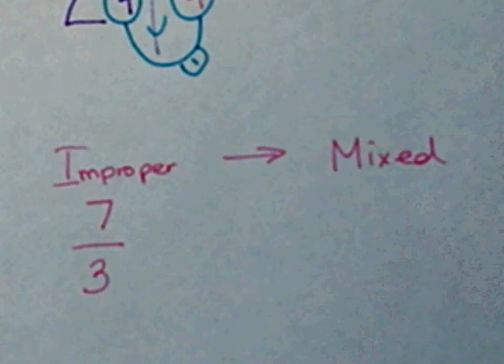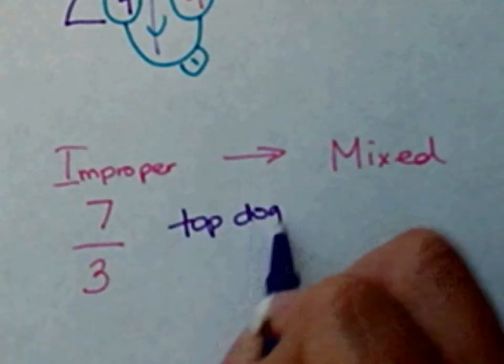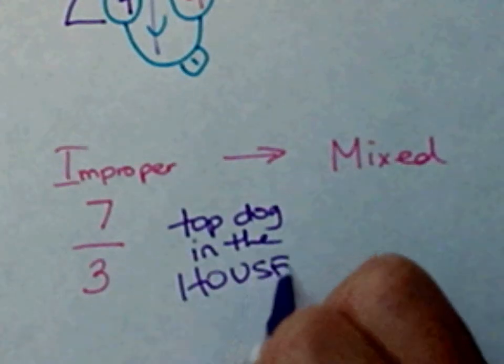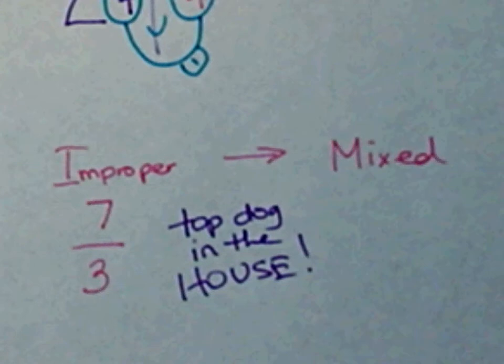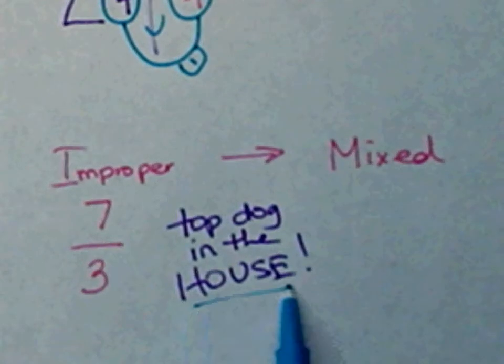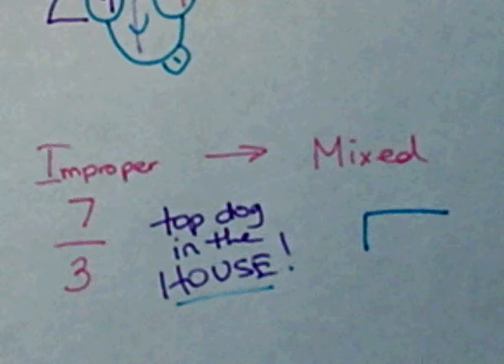To find out its mixed, we are going to remember to put top dog in the house. Well, that should remind you of division, because when we did our division lesson, we were talking about putting the top dog in the house, the house being your division.